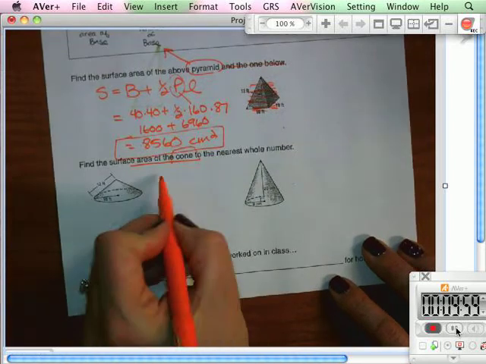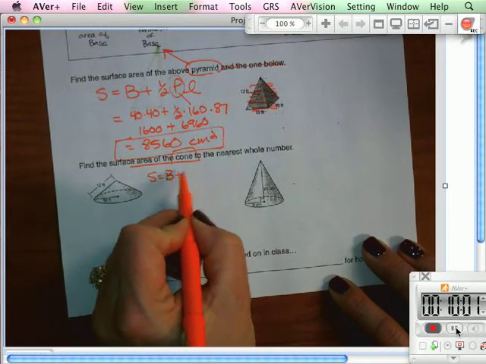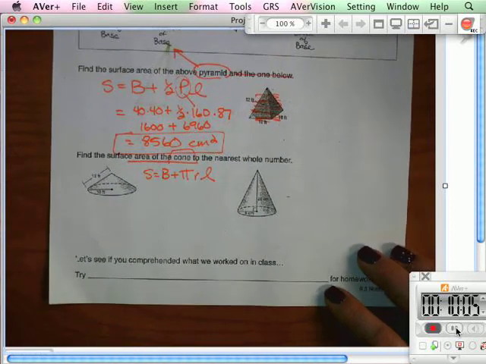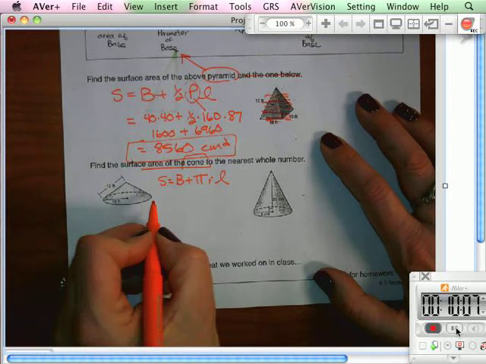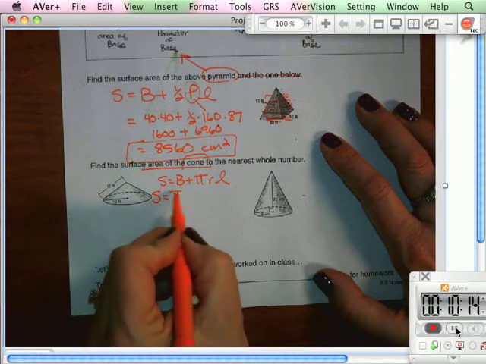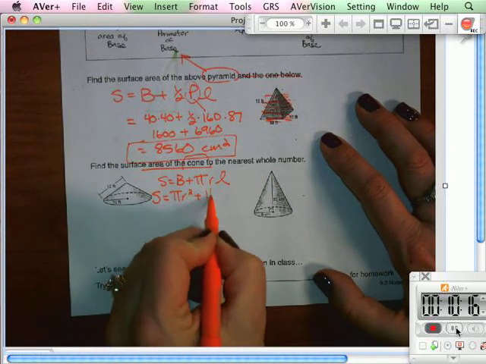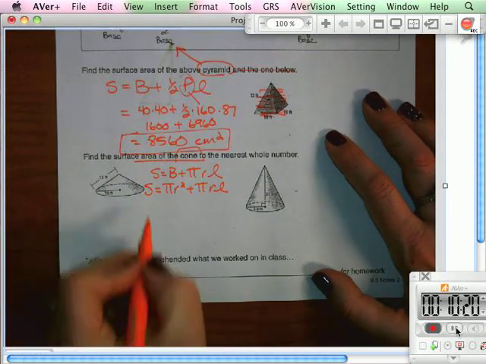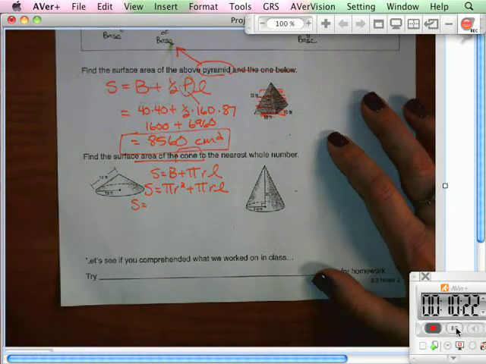Okay, we're doing a cone, so I'm going to write this down, using the cone formula. What shape is the base? A circle, so it's pi r squared plus pi rl. So plug in what you know now.